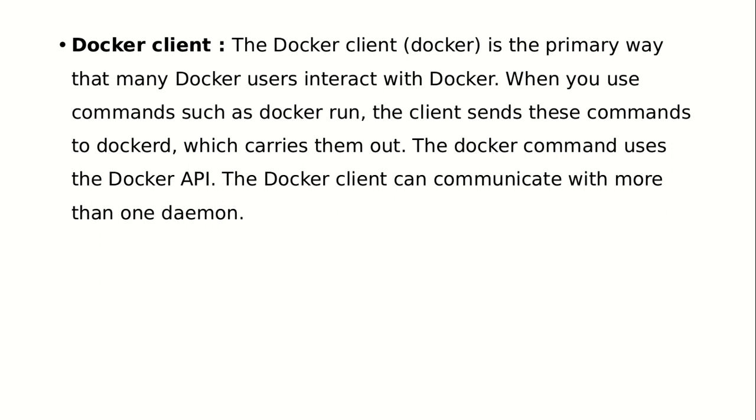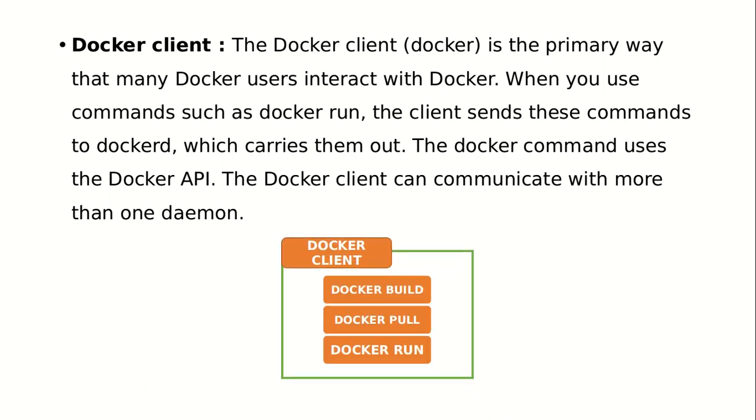Whenever we run commands such as docker run or docker pull, these commands will be passed on to your Docker daemon, which is dockerd, and the Docker daemon will execute those commands for you. The Docker client uses the Docker API, and the Docker client can also communicate with more than one daemon. That is, one machine can talk to another machine.